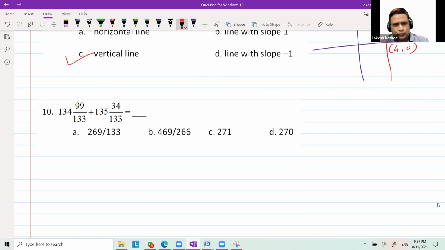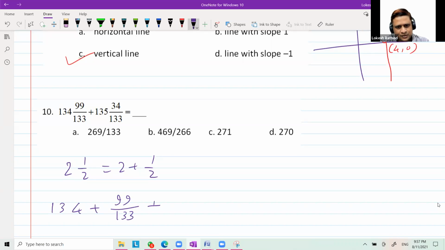So what we do? We do not convert into an improper fraction. As you know, 2.5 is nothing but 2 plus half. Then we can separate it. So this thing is nothing but 134 plus 99 over 133. Same way, this thing is 135 plus 34 over 133.